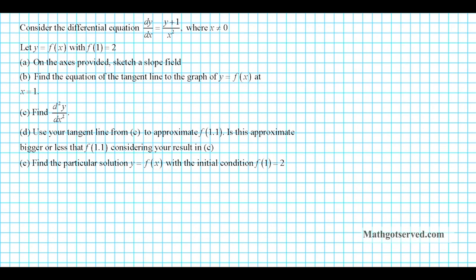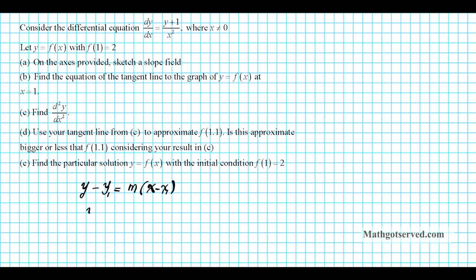For the B part, we have to find the equation of the tangent line to the graph of y equals f(x) at x equals 1. To find the equation of the line, we can use the point slope form that you learned in algebra. y minus y1 equals m times (x minus x1).